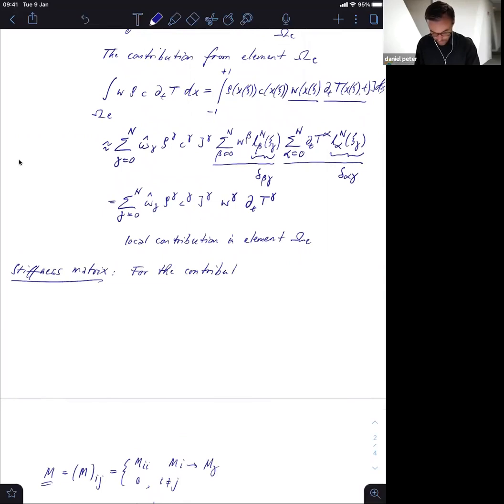So for the contribution from element omega e, the term looks like that. We have the integral over omega e of kappa, the conductivity, times these derivatives with respect to x times dx.